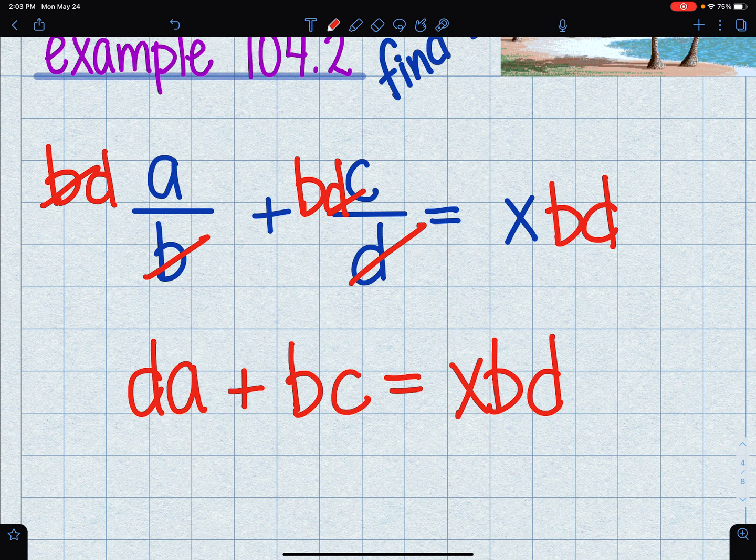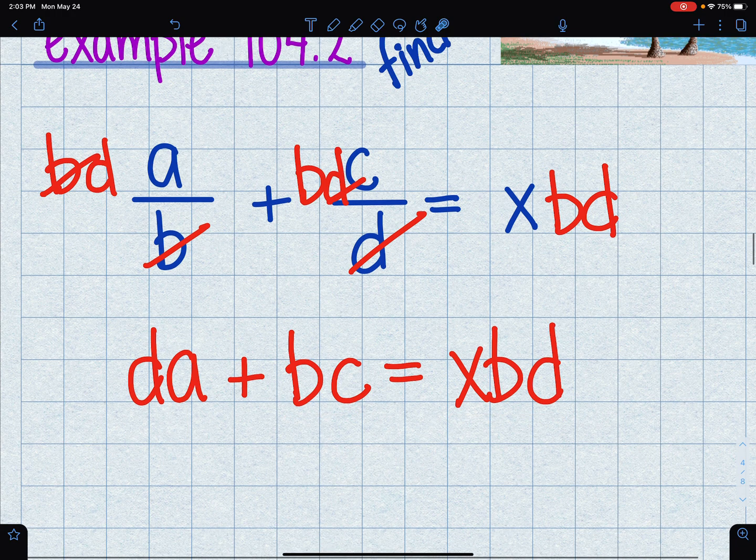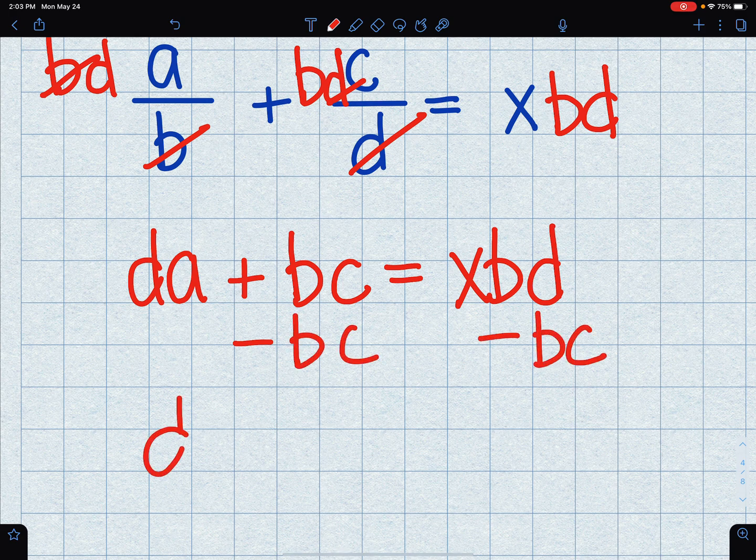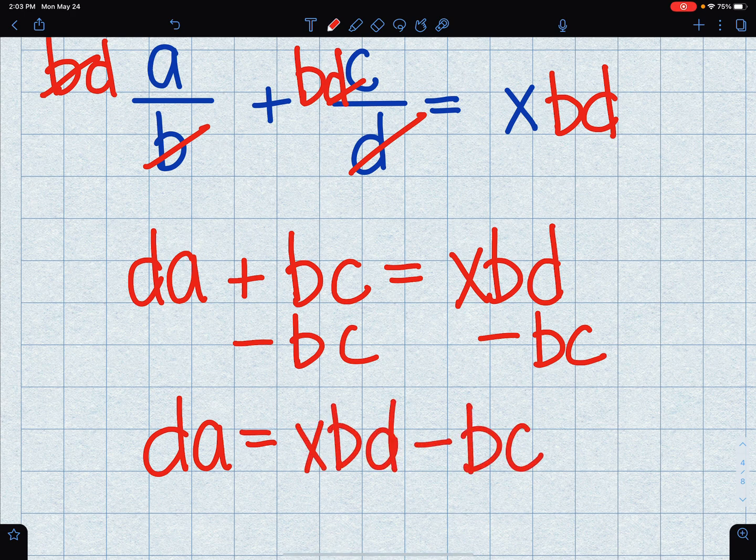Now, what do we have to do? We have to use the additive property of equality to put all the terms that have a b in it on one side of the equation, which is this and this. So it's going to be subtract bc, dA equals xbd minus bc.